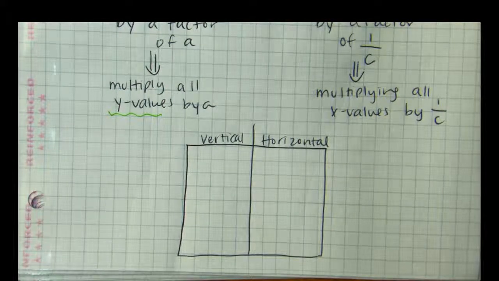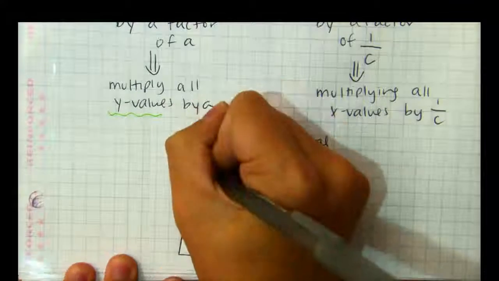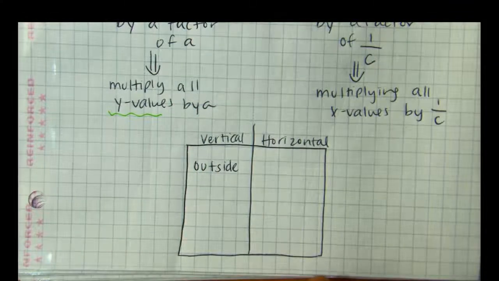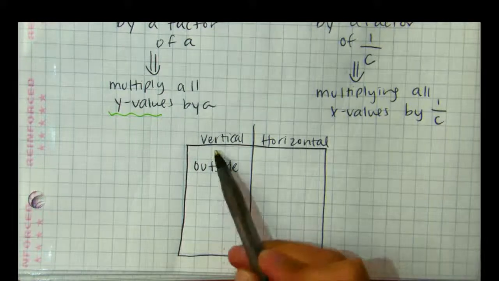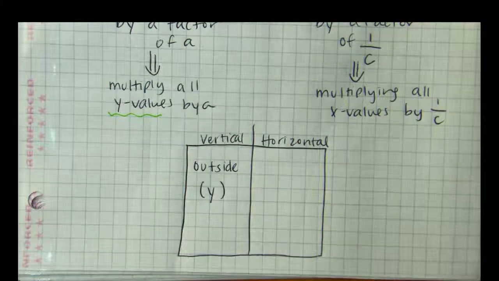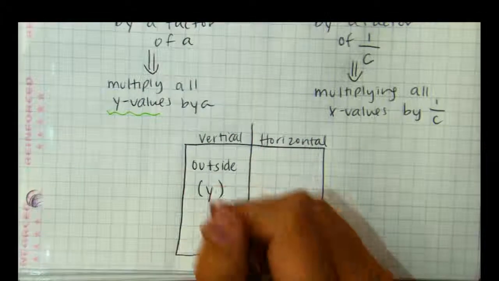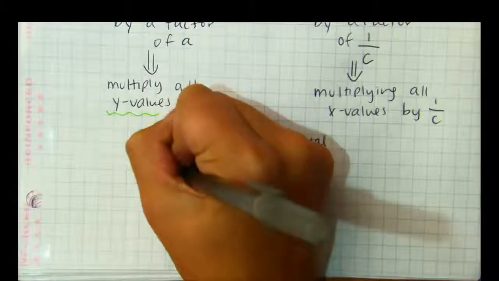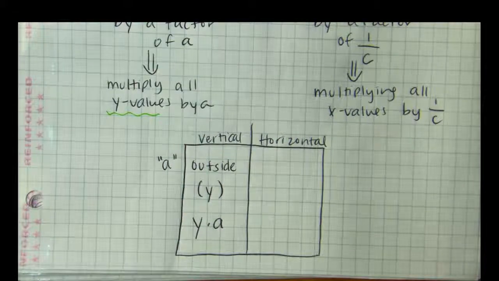With a vertical stretch or compression, the value is going to be on the outside of your parent function. Vertical stretches and compressions affect your y values. So really what you're doing is you're taking your y times a. So your vertical stretches and compressions are coming from your a value.